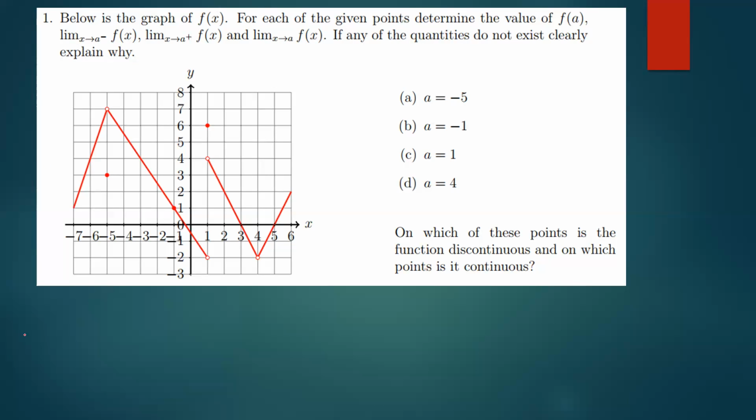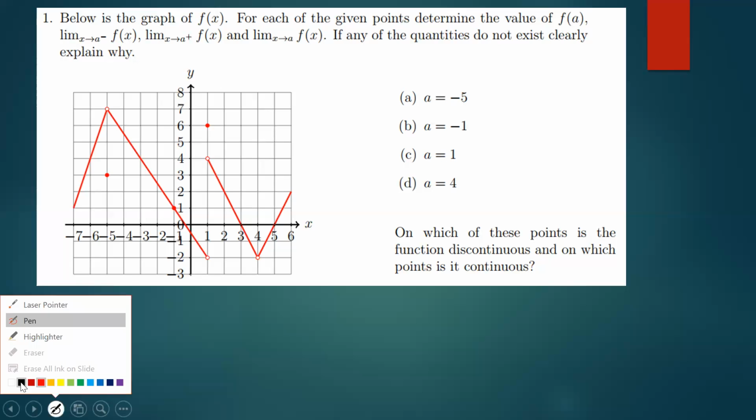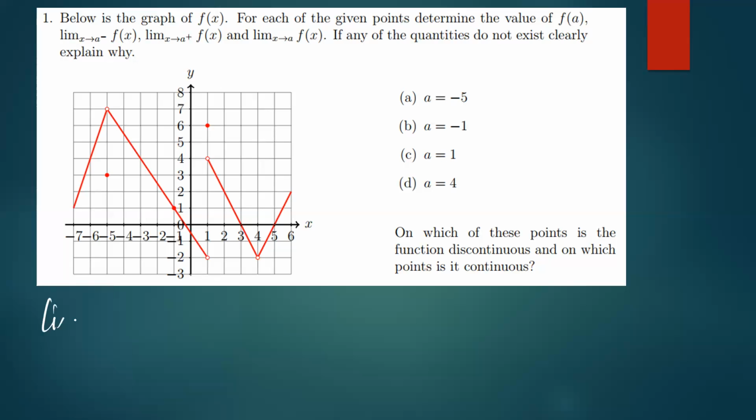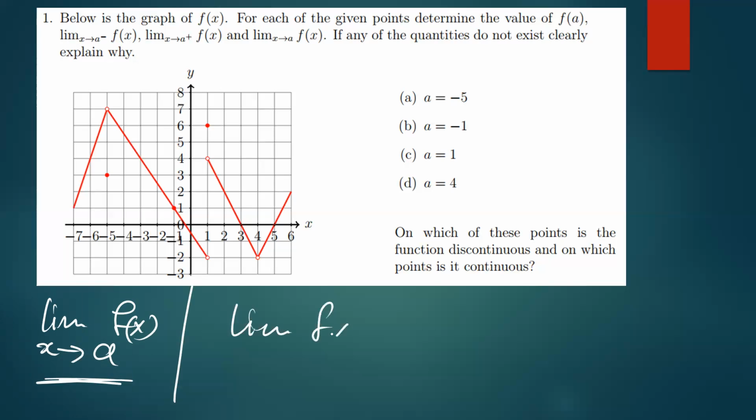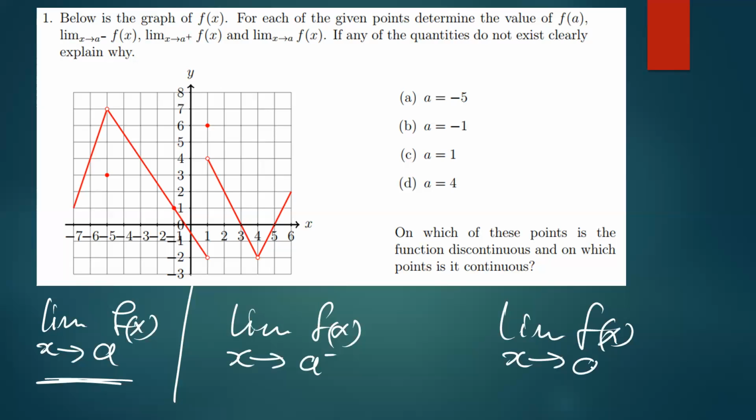What I mean is, if you've been asked to determine whether the limit of f of x as x approaches a exists, you first find the limit of f of x when x is approaching the negative side of a, and then you also find the limit when x is approaching the positive side of a.